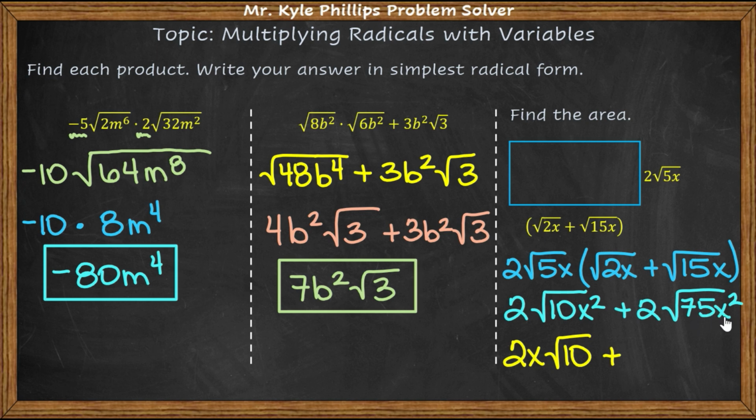And then here I have x squared, so that's going to be x. So this is really going to be 2 times the 5x that comes from here. So that's going to be 10x. And when I took 75 and divided it by 25, that gave me 3. So here, this is my solution in simplest form.